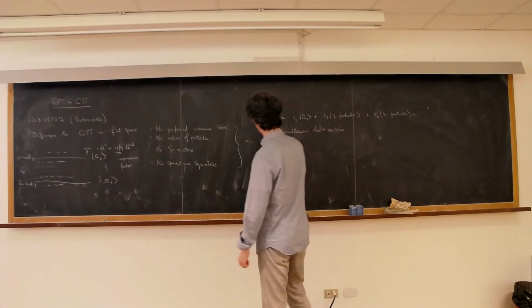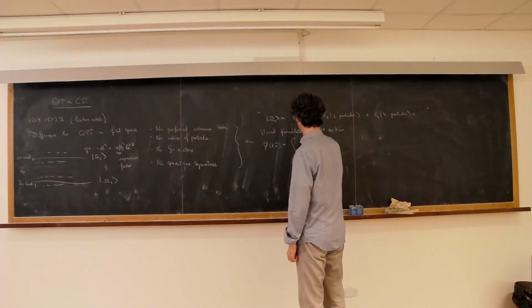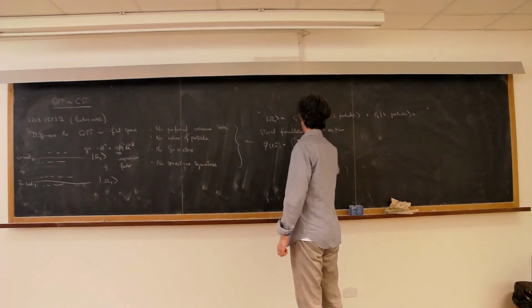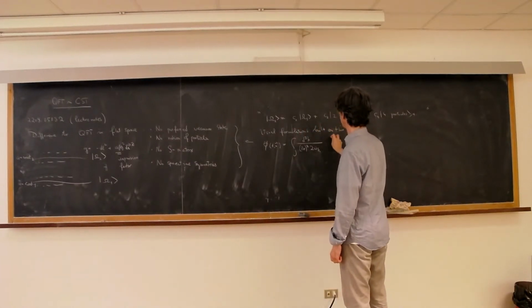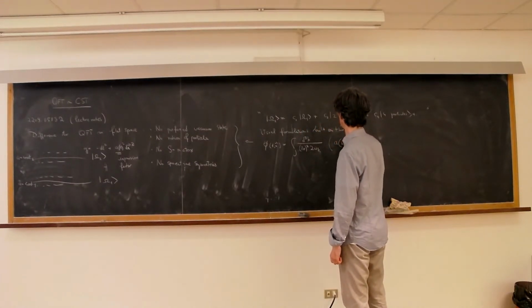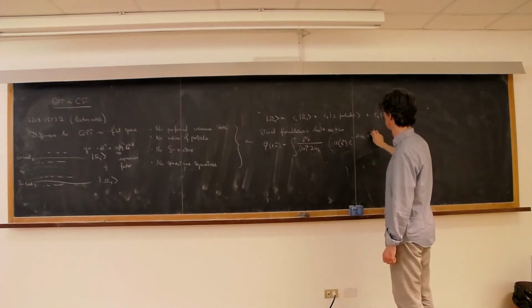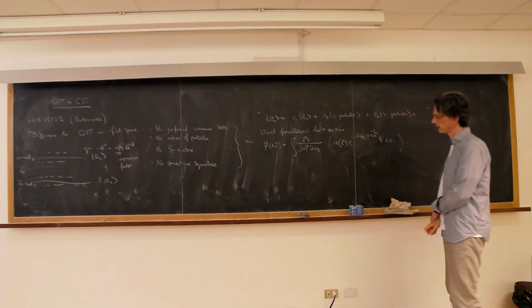So for instance, if you write something like a field φ(t, x) is like a ∫dk over ω_k, and then we have a formula like this.